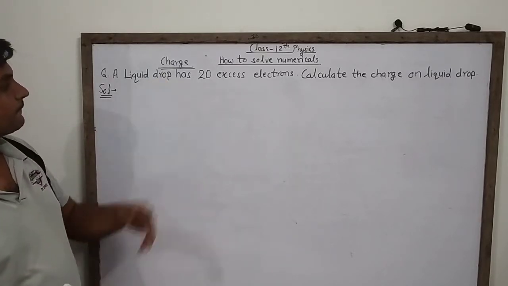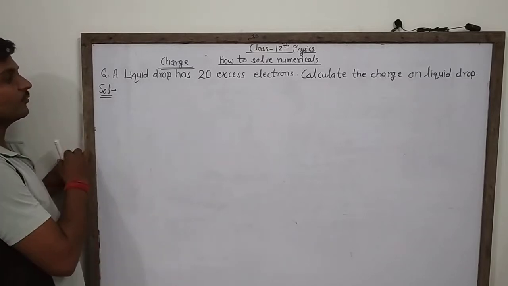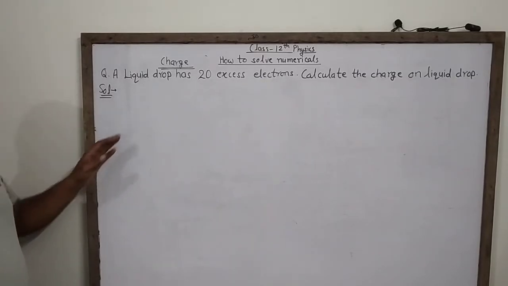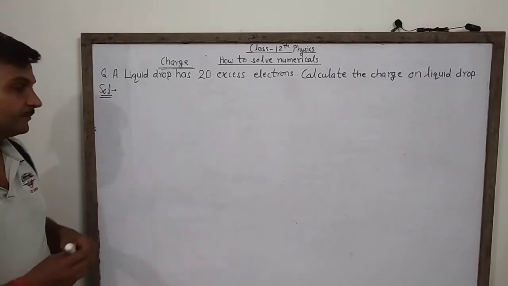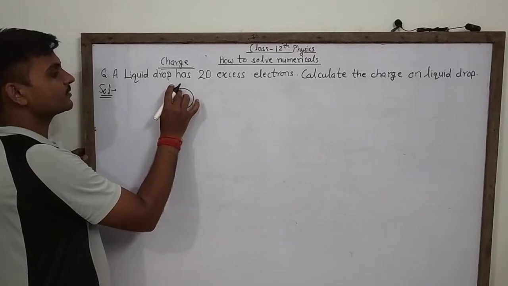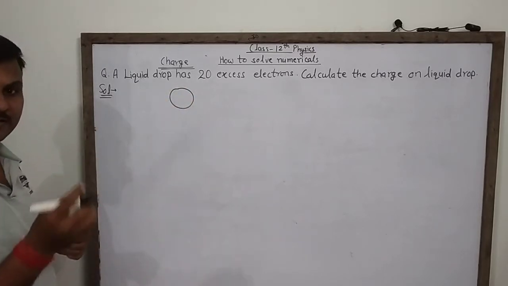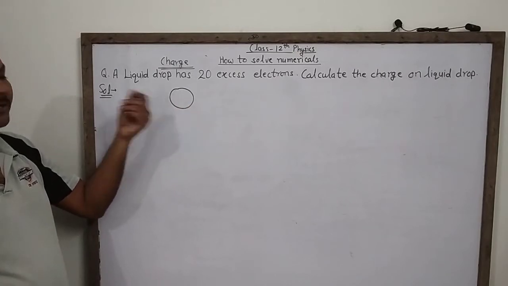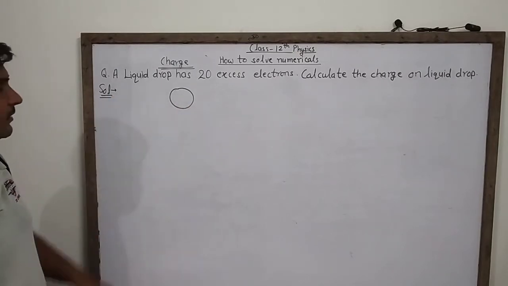Here we see the question: a liquid drop has 20 excess electrons. It means there is a drop of liquid, anything liquid like milk, cream drop, honey drop, or oil drop, anything.